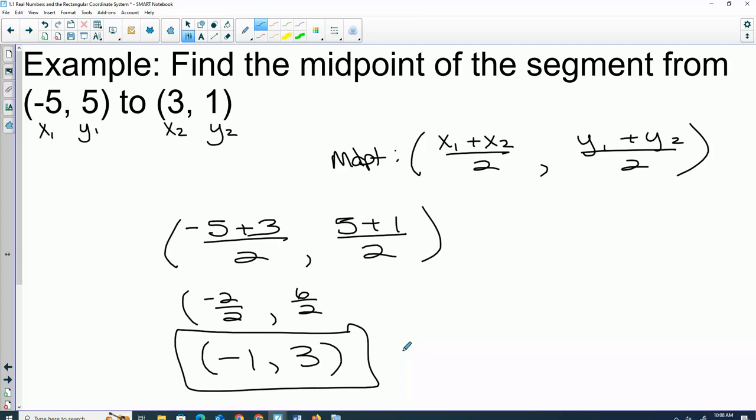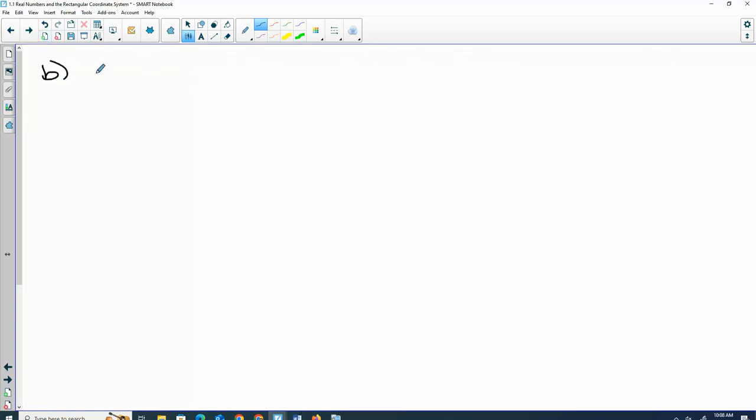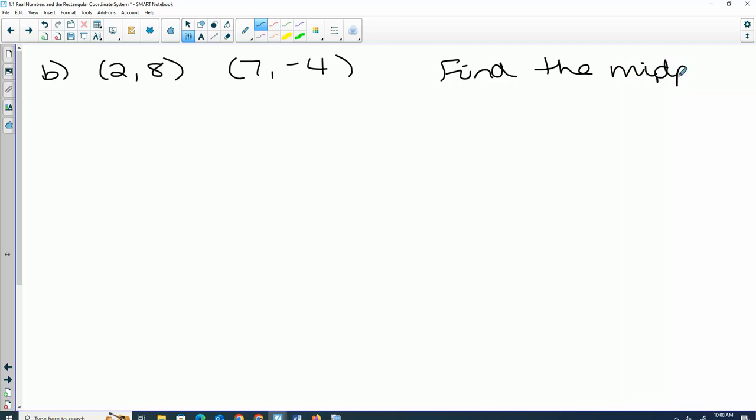Can you guys try one of those? So let's say your points are 2, 8, and 7, negative 4. Find the midpoint. So this is my x1, y1, x2, y2.